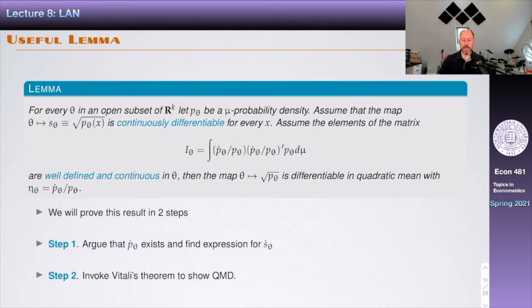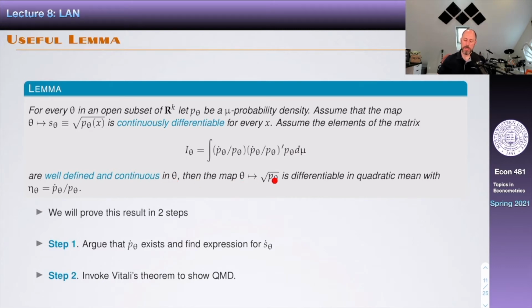For every theta in an open subset of R^k, let p_theta be a mu probability density. Assume that the map theta to s_theta, which is defined here as the square root of the density, is continuously differentiable for every x. We're going to assume that the elements of the matrix I_theta, which is what we're calling the Fisher information, here defined as the integral of p dot over p times p dot over p transpose times p d mu, are well defined and continuous in theta.